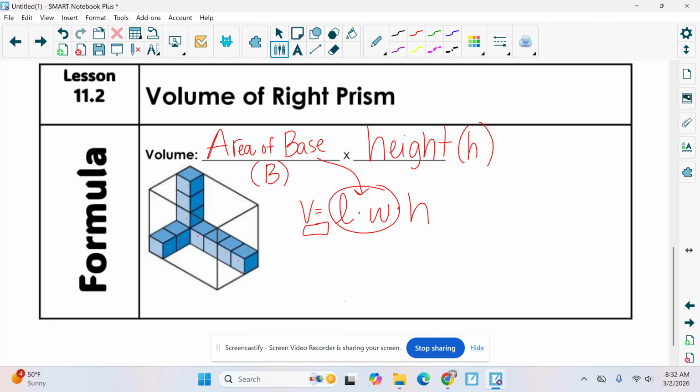Okay? That's your volume. When you are finding volume, what you are doing is figuring out how many of those little cubes can lay flat on the base of the shape and how many bases you can stack on top, and that's your height.